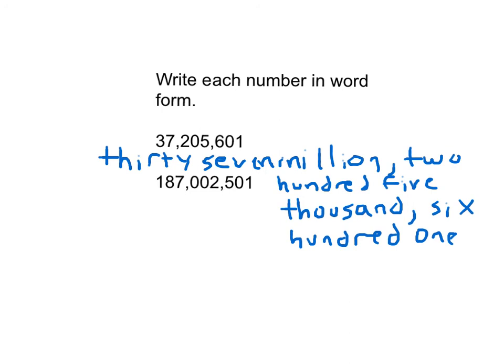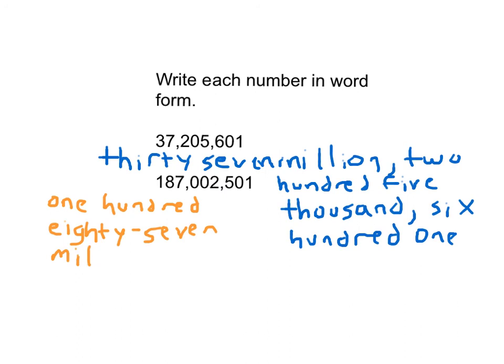What would the word form be for this one right here? Again, we start in the millions period. That's 187 million. Looking at that next period, there's just a 2, and it's in the thousands place. 187 million, 2,000.